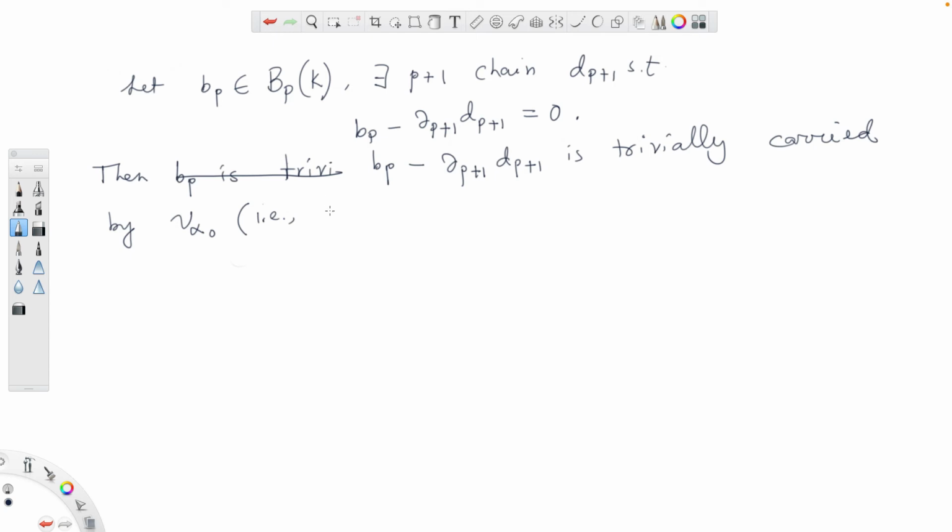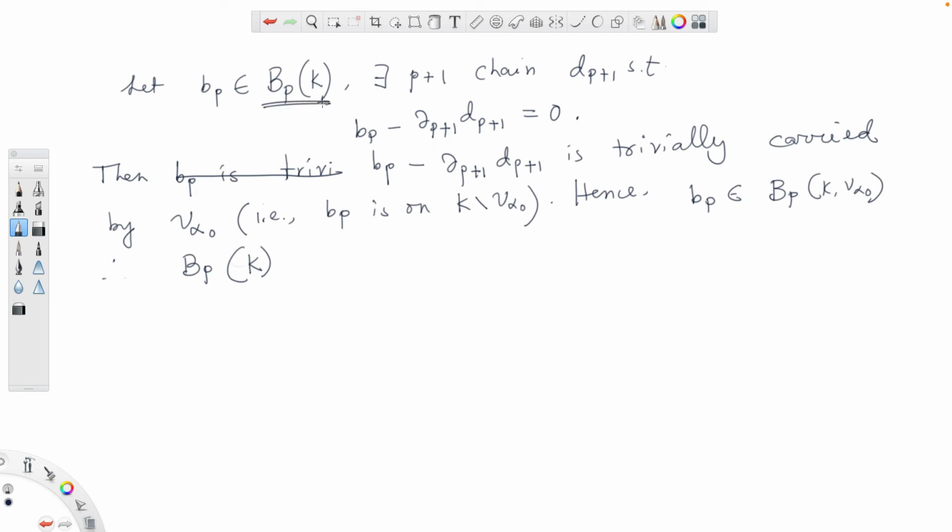That is, bp is 0 on K minus V alpha 0. Hence, one concludes that bp is an element of Bp of K comma V alpha 0, and that helps us conclude that Bp of K is contained in Bp of K comma V alpha 0.